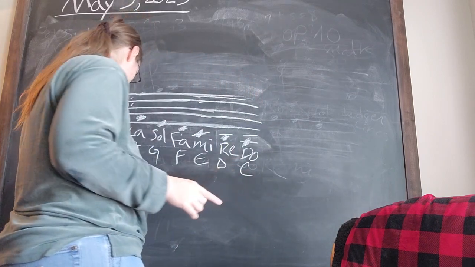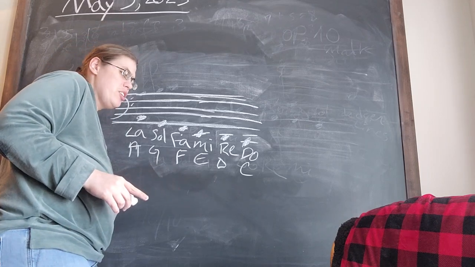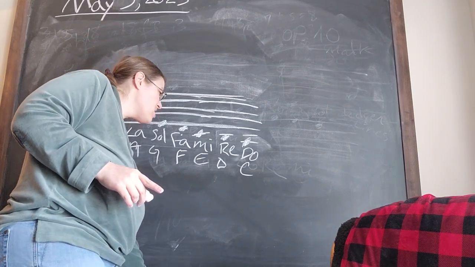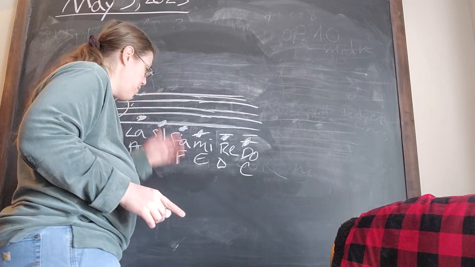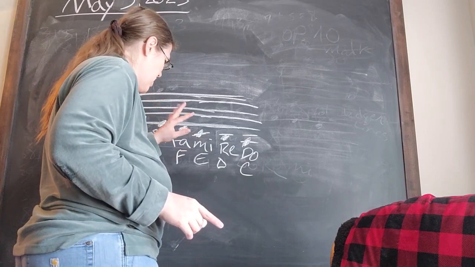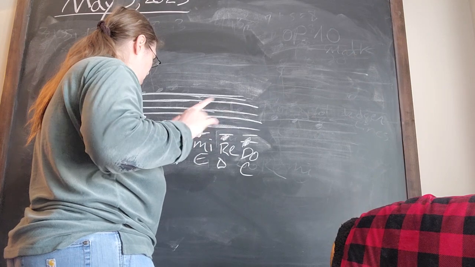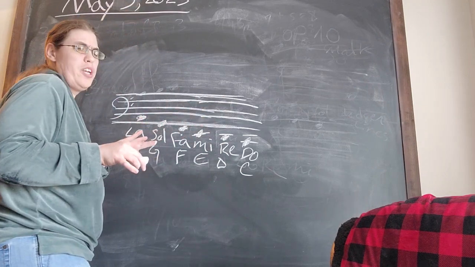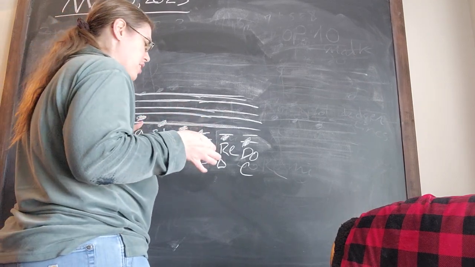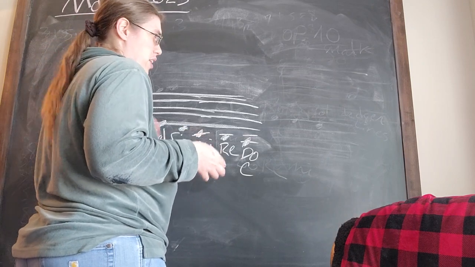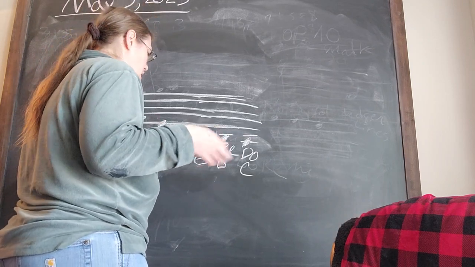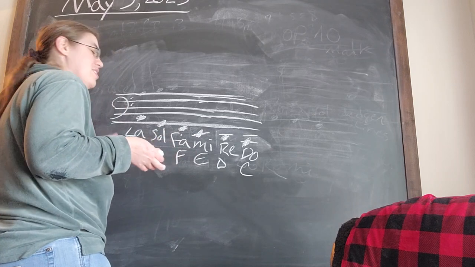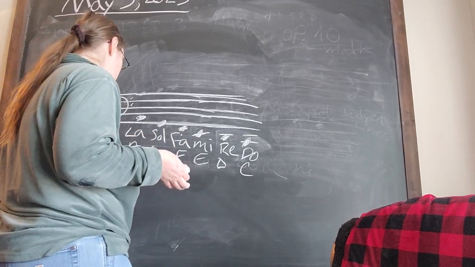So this is how the extension of the bass staff works. This is not used horribly a lot unless you're really into, I wouldn't say advanced music, but you're long time studying.